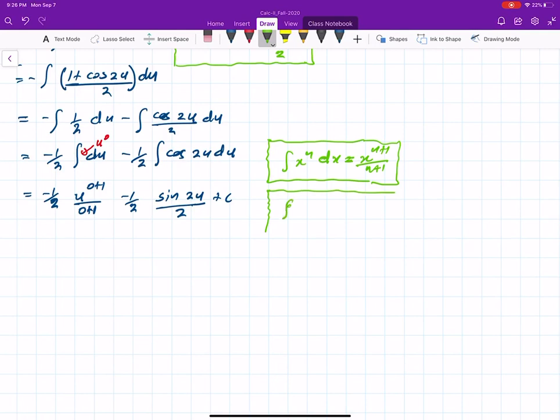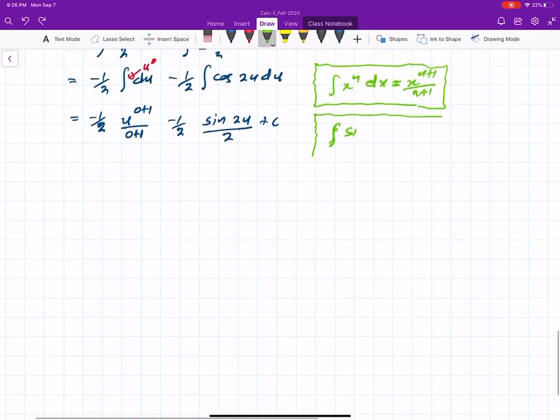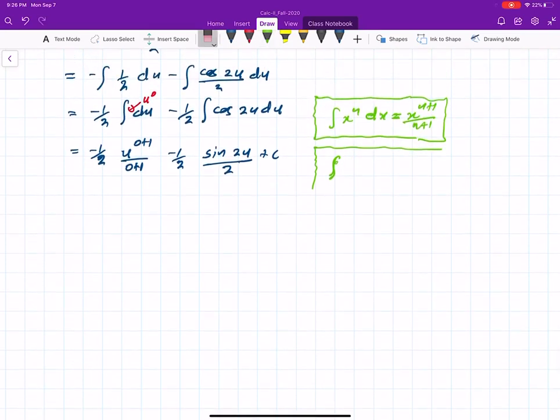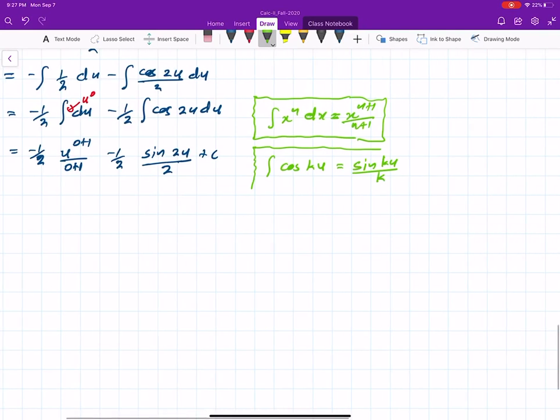If you want to integrate cos ku, something like cos ku, k is a constant, the integral of that one is sine ku over k. Here k is a constant.